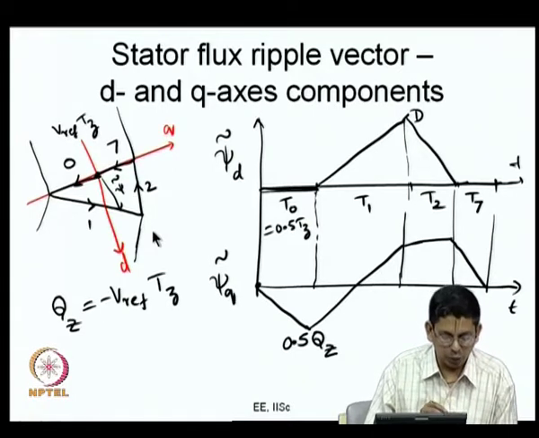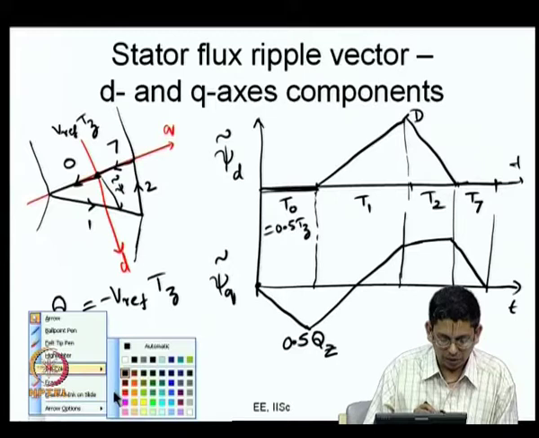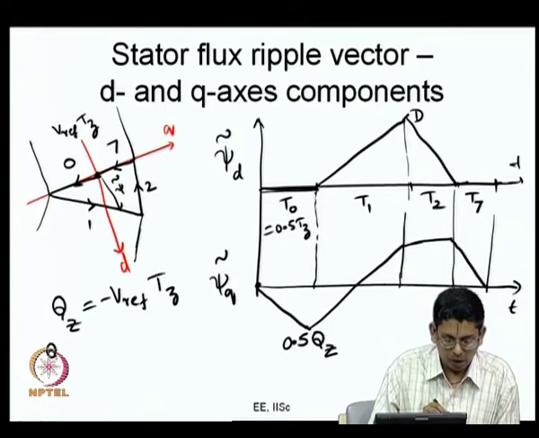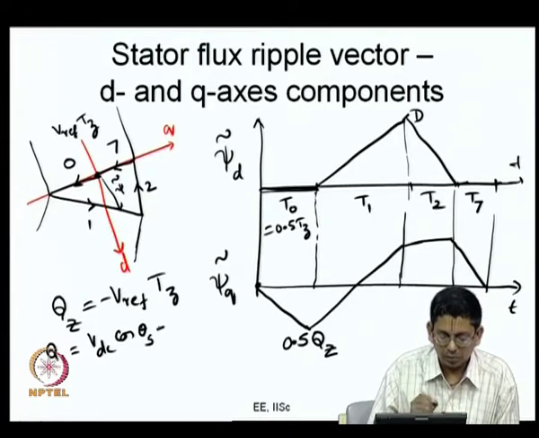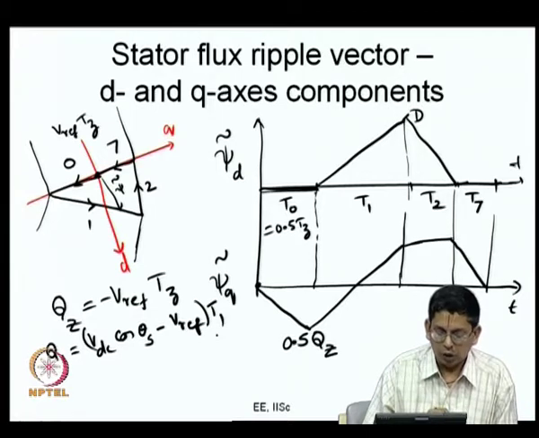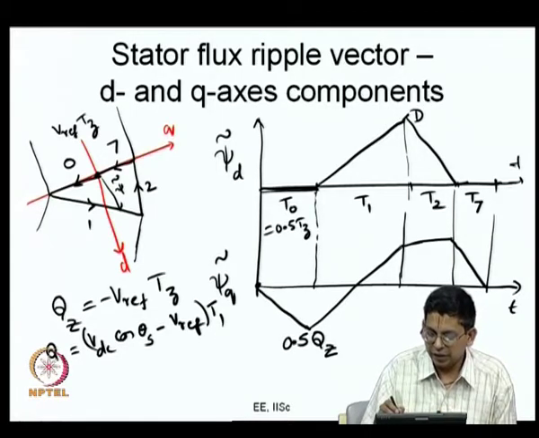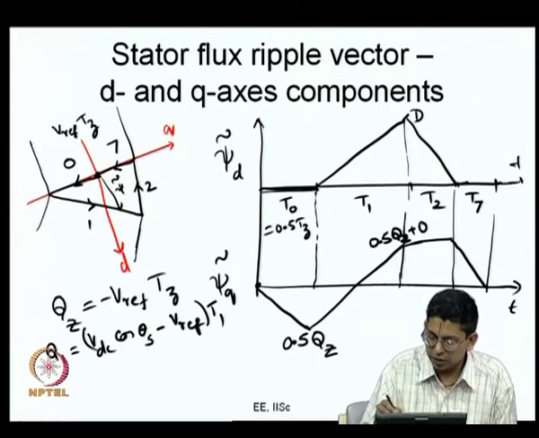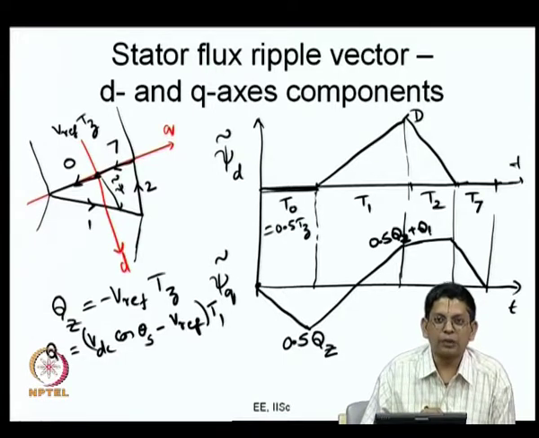If you look at its q axis component, q 1 is V d c cos of theta s minus V reference times T 1. So, what would be your q axis value at the end of it? It will be 0.5 q z plus q 1, that would be the value there now.